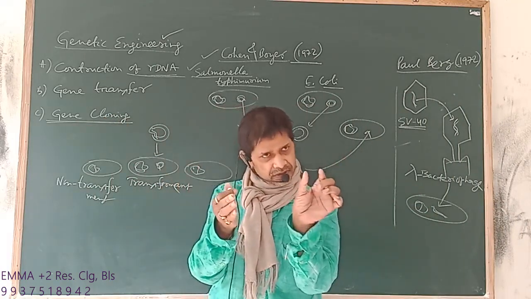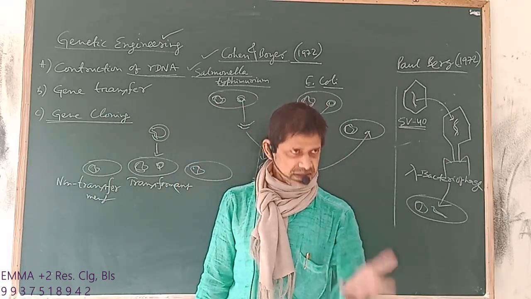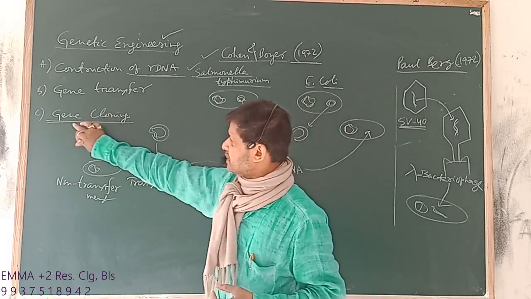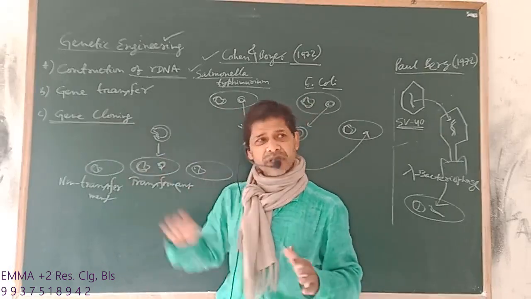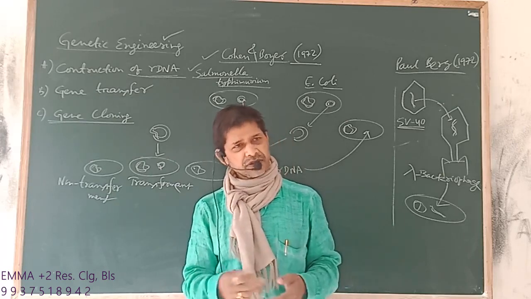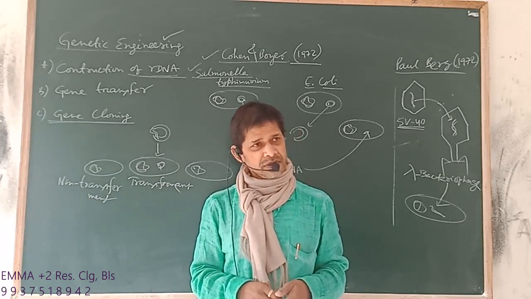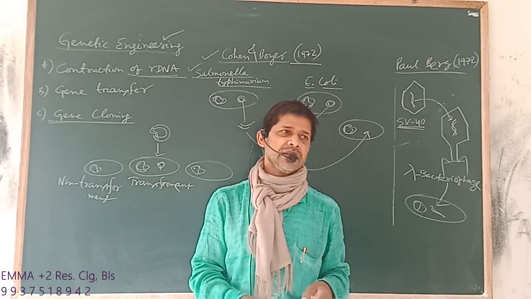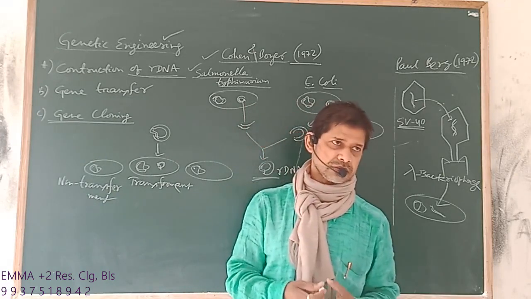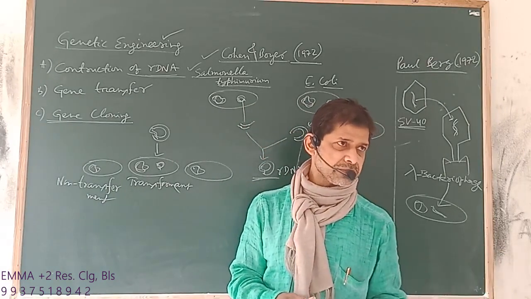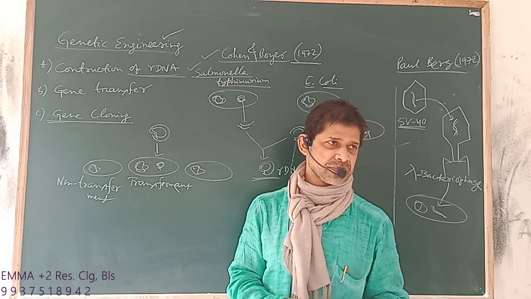The DNA may contain a gene. That is a DNA segment. So gene cloning is otherwise called amplification. We know how outside the cell we can do amplification. That is the PCR technique, polymerase chain reaction.